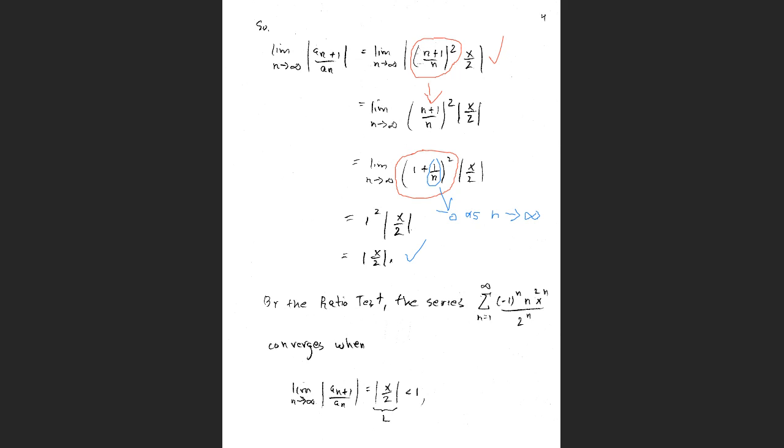So by the ratio test, this power series will converge when the absolute value of our ratio is less than 1. Essentially, what we're saying is that our power series behaves like a geometric series as we go out further and further in the series, as n gets large.